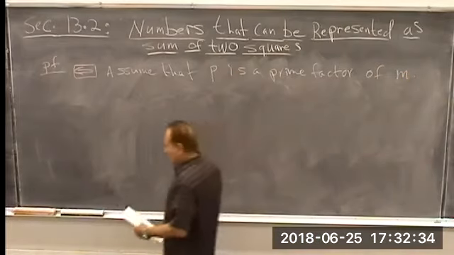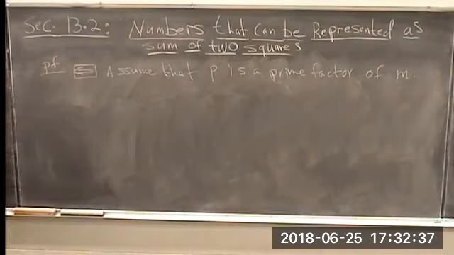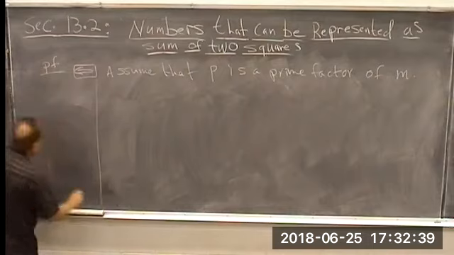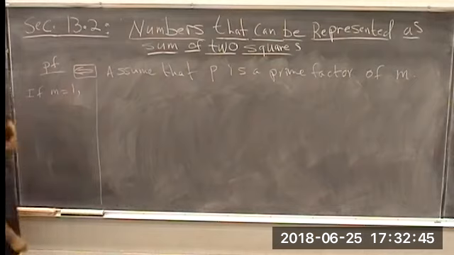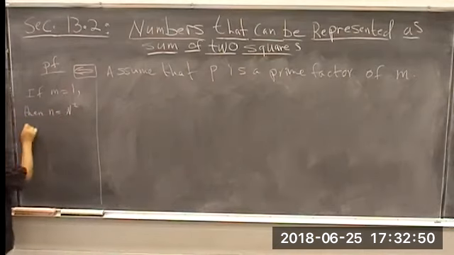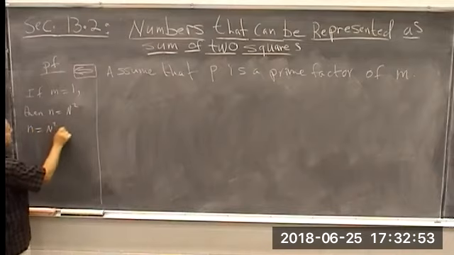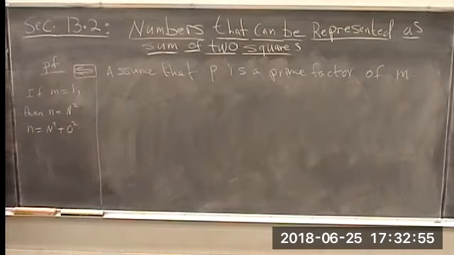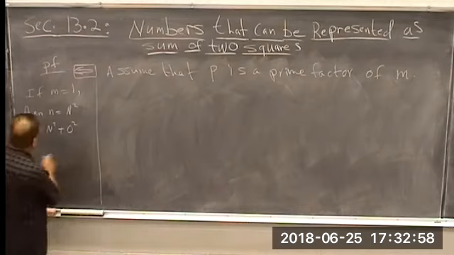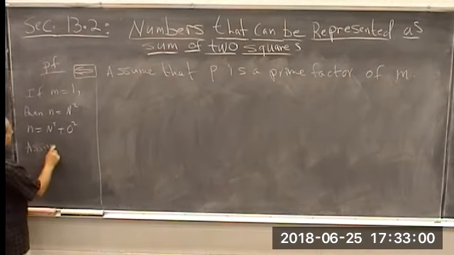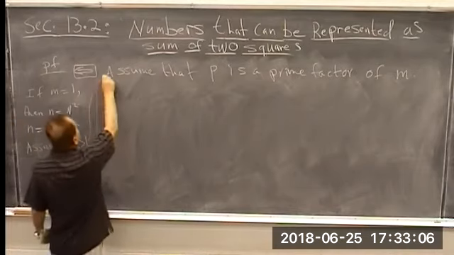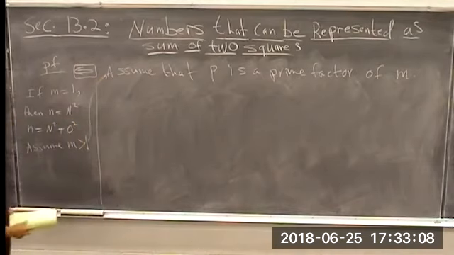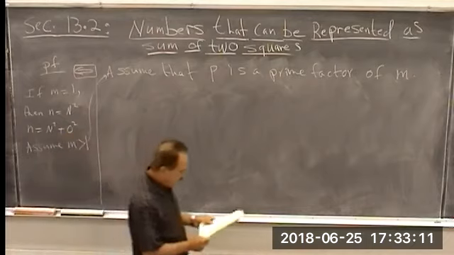To start with, actually, maybe before we do this one, we go to the side here. It is possible that if m is equal to 1, then n is equal to N squared, and sure enough, we can write this as a sum of 2 squares in a trivial way. So for this reason, we can assume m is bigger than 1. And we're going to then consider that E is a prime factor of m.